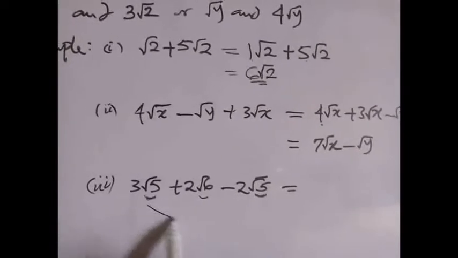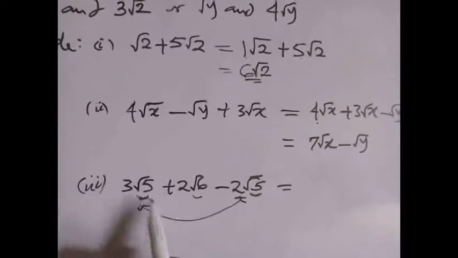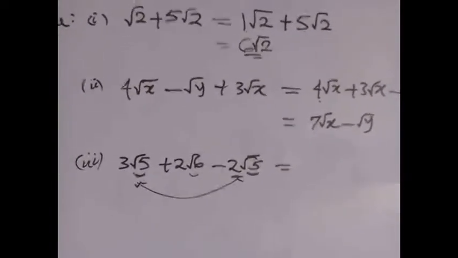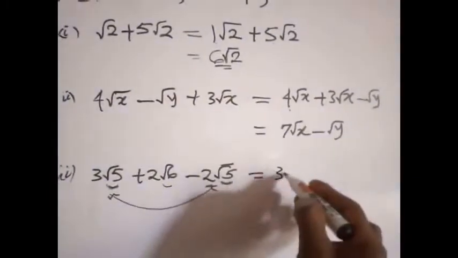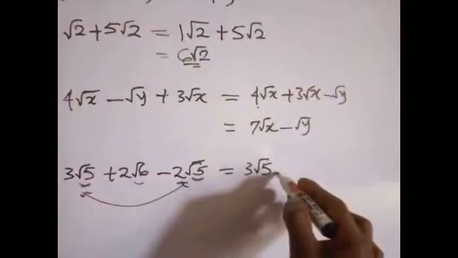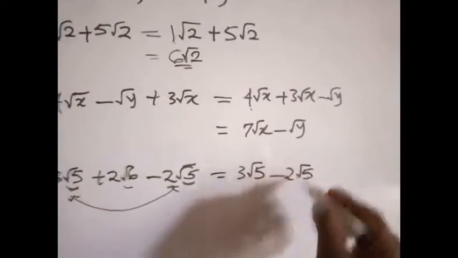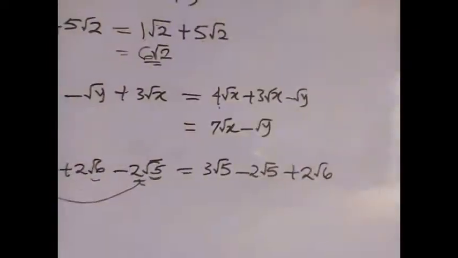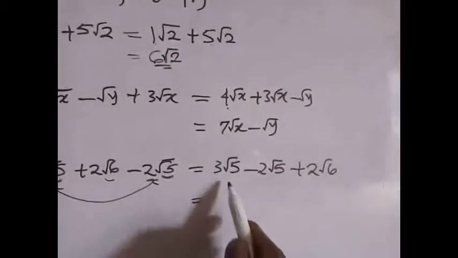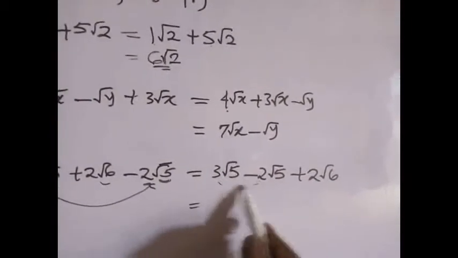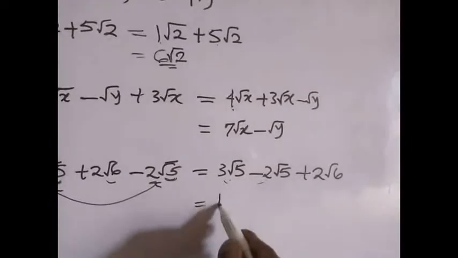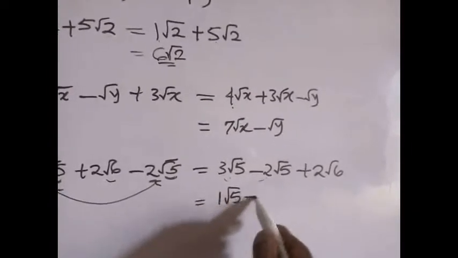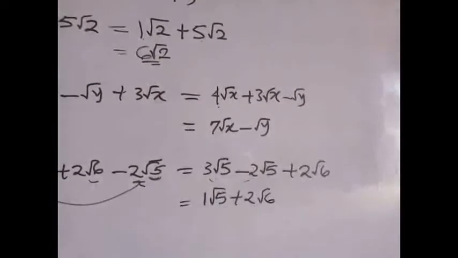It means these two are like terms, which can be written as 3 root 5 minus 2 root 5 plus 2 root 6. 3 minus 2 here will give us 1 root 5 plus 2 root 6.